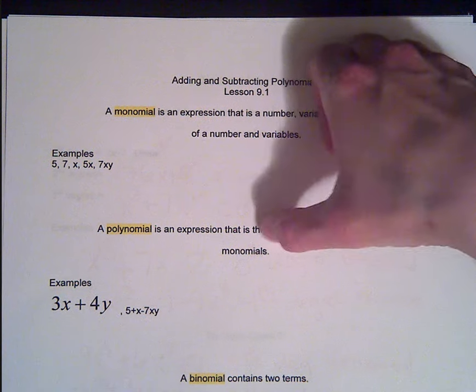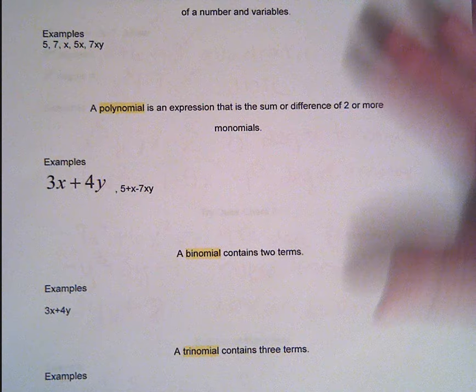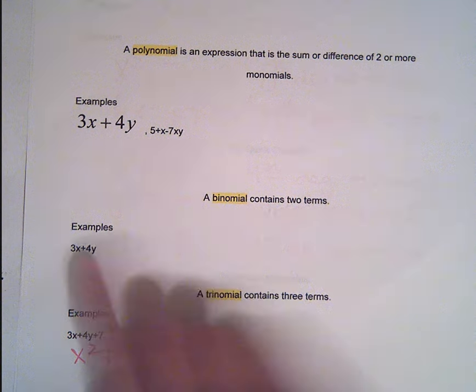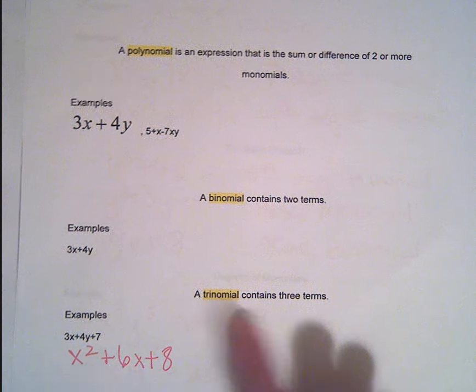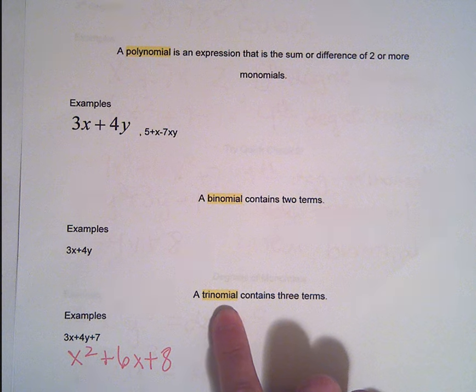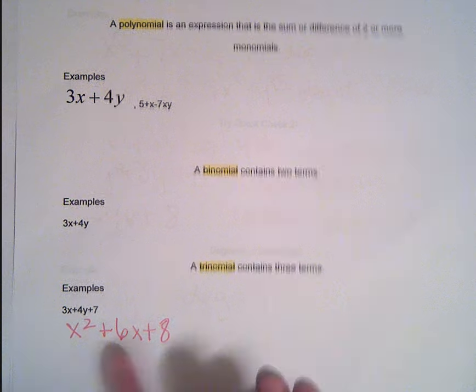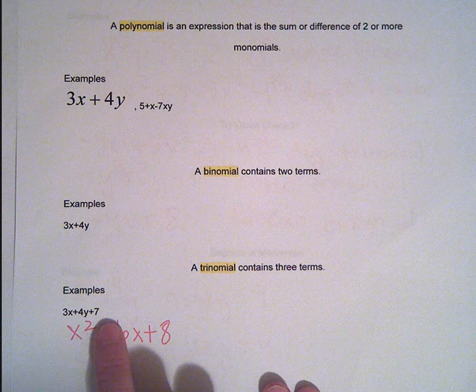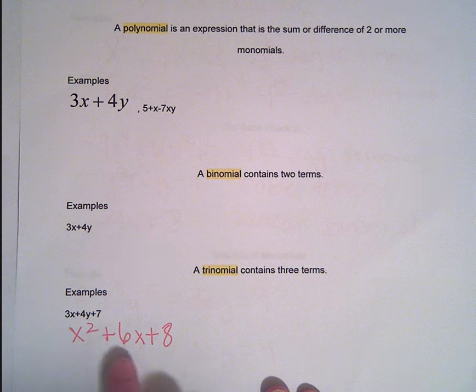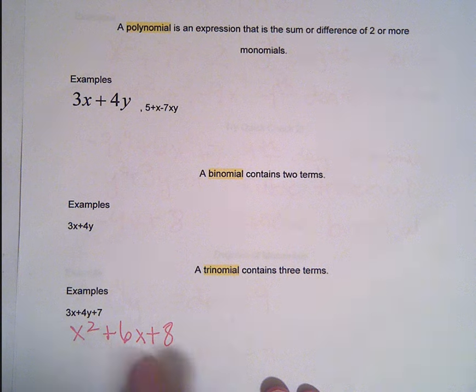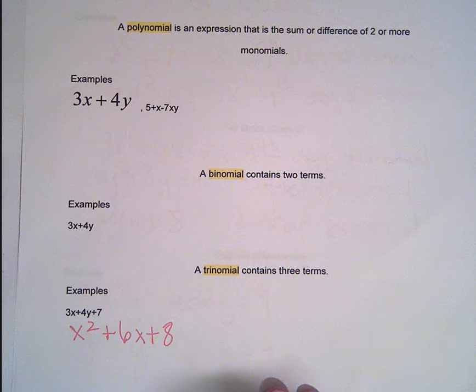So let's look at a binomial. We know bi means two. A binomial contains just two terms, like 3x plus 4y. That's a binomial. Whereas a trinomial, tri means three, contains three terms. So like 3x plus 4y plus 7, that's a trinomial. Or x squared plus 6x plus 8. That's a trinomial: 1, 2, 3 terms.